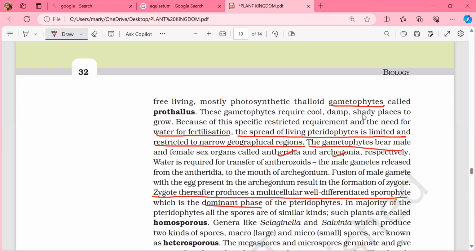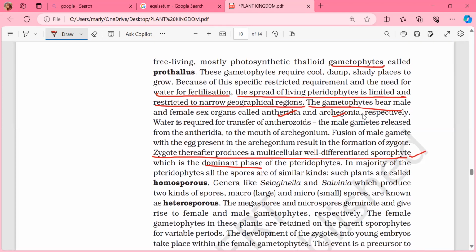Same as bryophytes, just the opposite. It starts with a sporophyte in the case of pteridophytes, but after the zygote, yet again, the sporophyte will be made. It was the same in bryophytes, right?